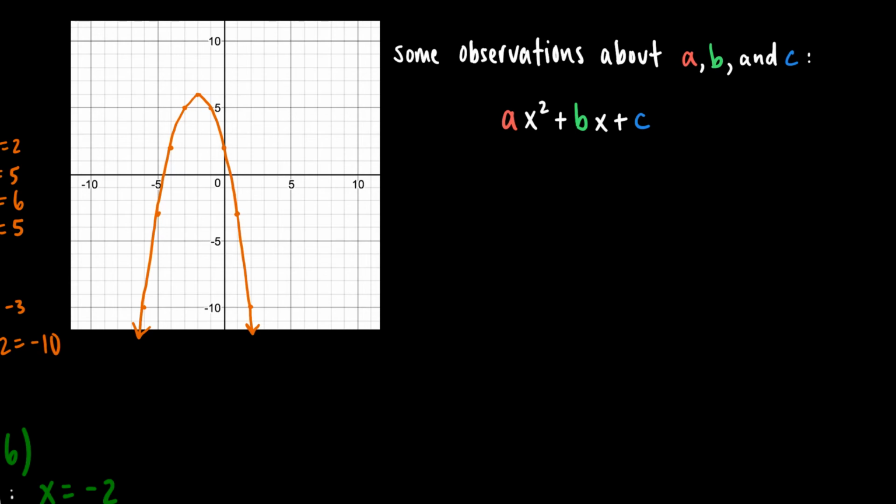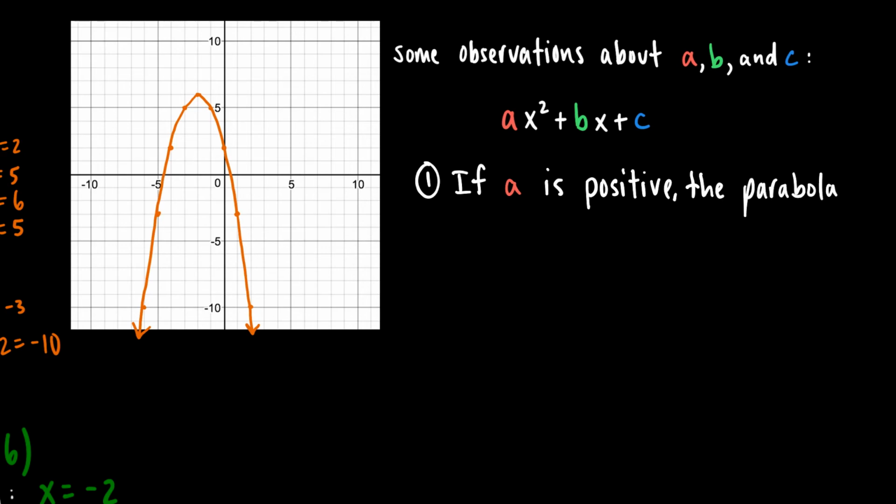All right, and the first one is, if a is positive, so if that leading coefficient there, if a is positive, the parabola, or the quadratic function, opens up. It'll always open up like this.